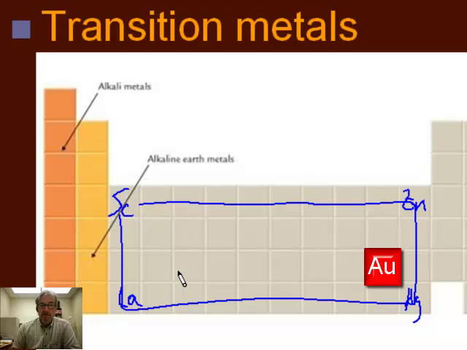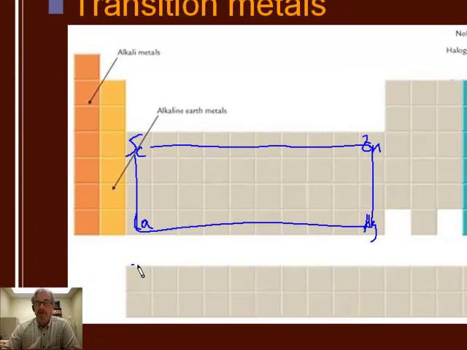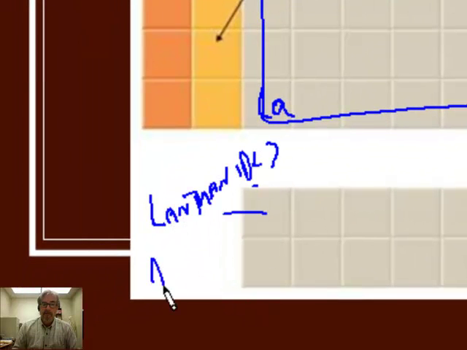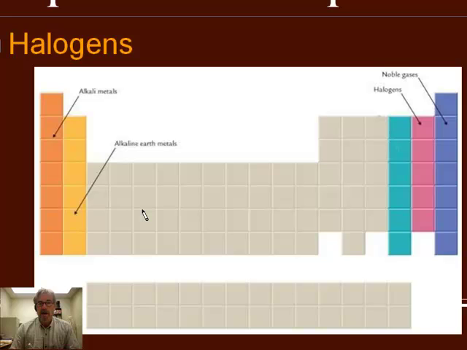So things like gold and silver and copper and titanium and iron, those are in this cluster. It also includes these two groups down here at the bottom, which are called the lanthanides, that's the first row, and the actinides, that's the second row.